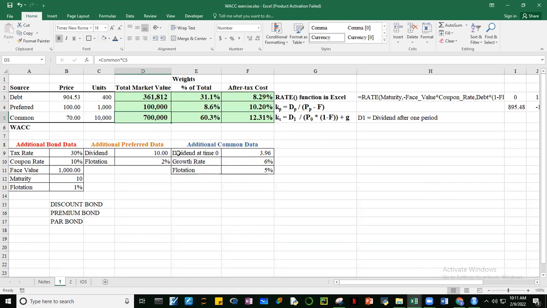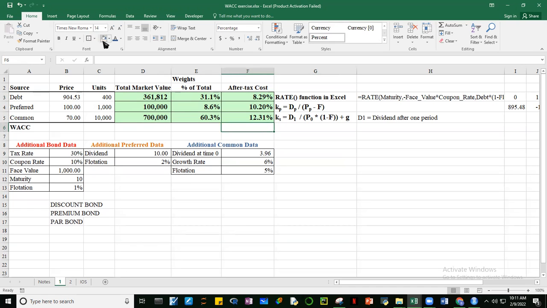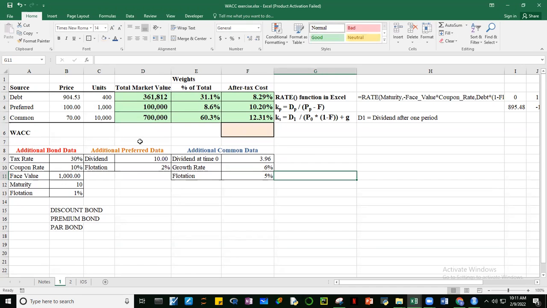Okay. Therefore, guys, since we have the weights and then we have the individual costs, then we can already compute for the weighted average cost of capital. Dito na natin ilagay. So, ang weighted average cost of capital natin is simply, diba, this times this, plus this times this, plus this times this. Ganun lang. It's the summation of weight times the cost.